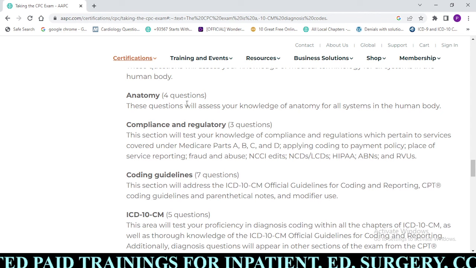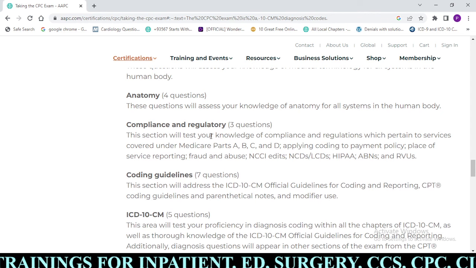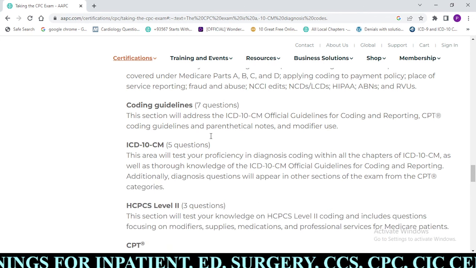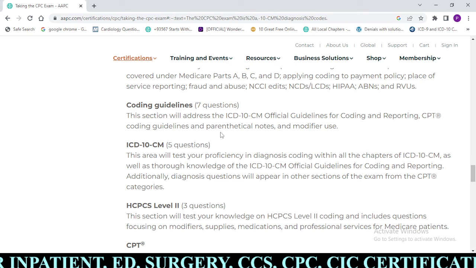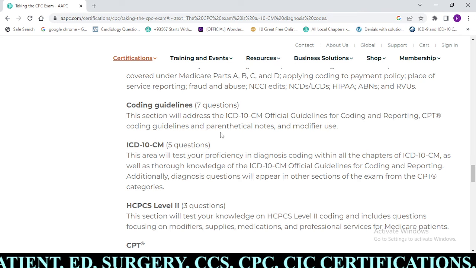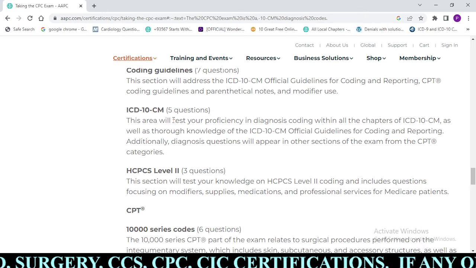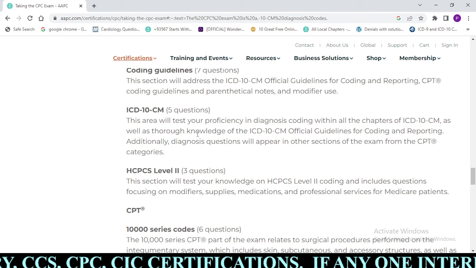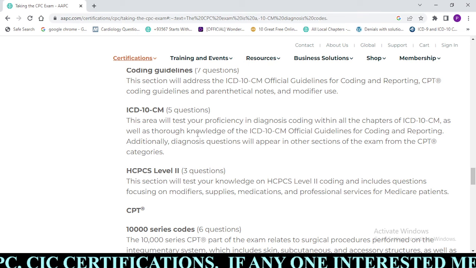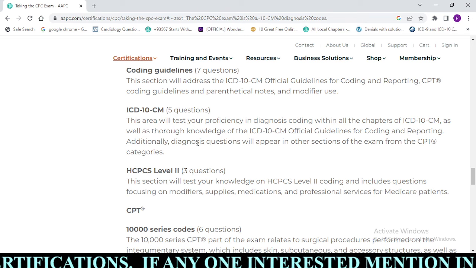And anatomy, 4 questions. This also you can answer using the ICD-10-CM book. And also coding guidelines, 7 questions. This also you can use your ICD-10-CM book to find the answer. And also ICD-10-CM, 5 questions. Here also, if you know how to use the ICD-10-CM book properly, you are going to answer correctly.